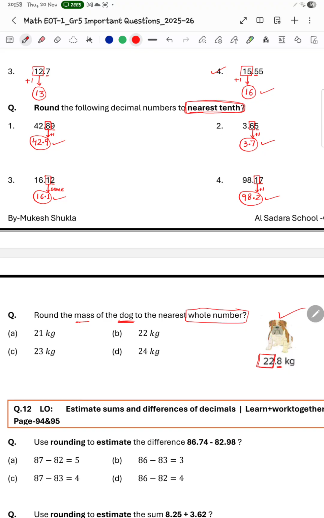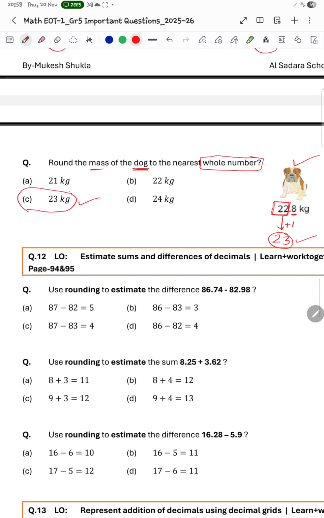Next digit is 8, which is good. So I will give plus 1 to the box. So it will become 23. So my answer will be option C, 23 kg. Simple. Only follow the simple steps, you will get the correct answer. Move to the next.